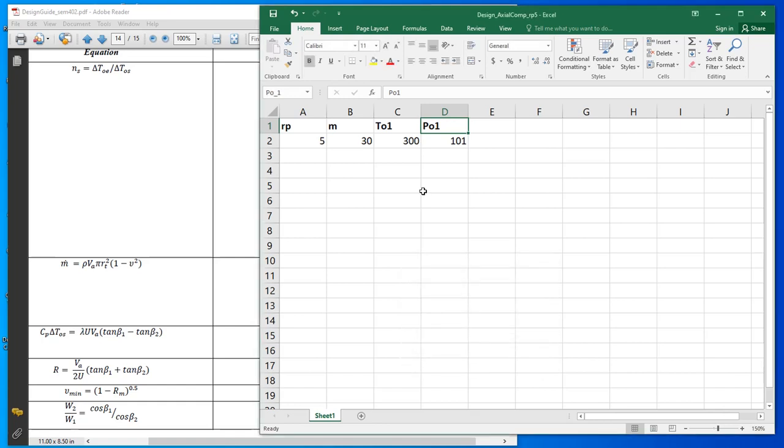Okay, so we can get started with our preliminary design, the very first step.